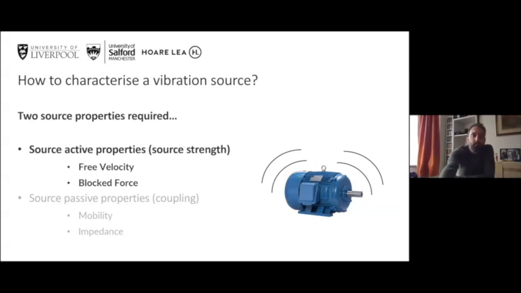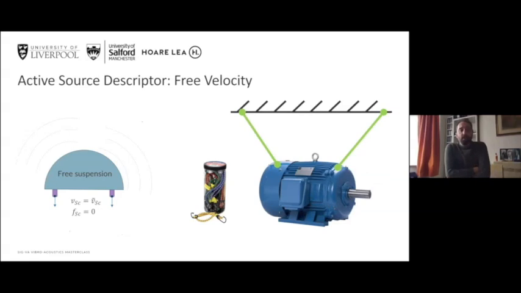So in terms of the free velocity, we want the vibration of the contacts of the machine to be completely free and unaffected by the mount. The common way to do that is to, as you've just seen, hang the source by bungee cords, or you could put it on air springs or some other resilient rubber.